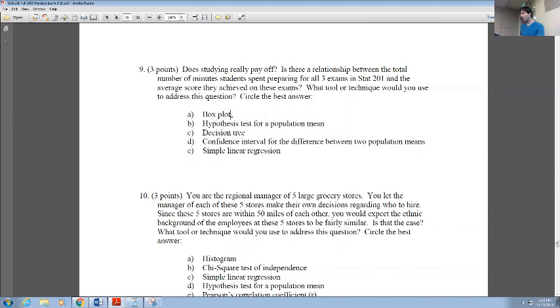A box plot. If I were to write a question where the answer were a box plot, just to be specific, the answer here was simple linear regression because it's quantitative data. If it said a scatter plot on here, that could also be the right answer, but we wouldn't want to include both because they're both goodish answers, but simple linear regression is the best answer.